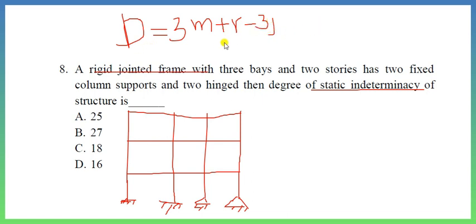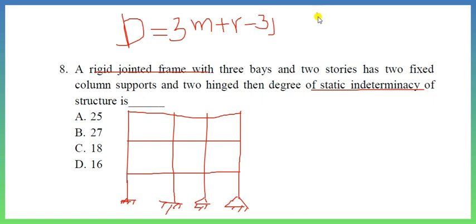So this is the formula for degree of static indeterminacy for rigid jointed frame. First of all, we have to calculate the members, after that number of reactions, and j for number of joints.